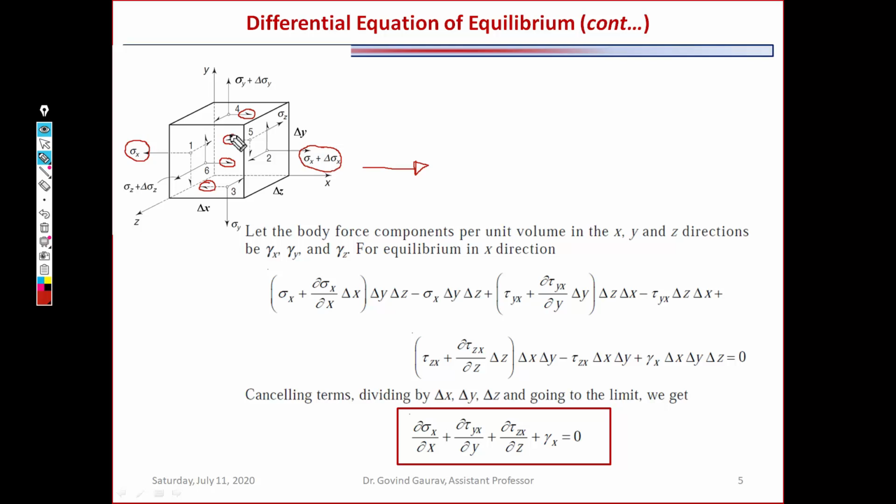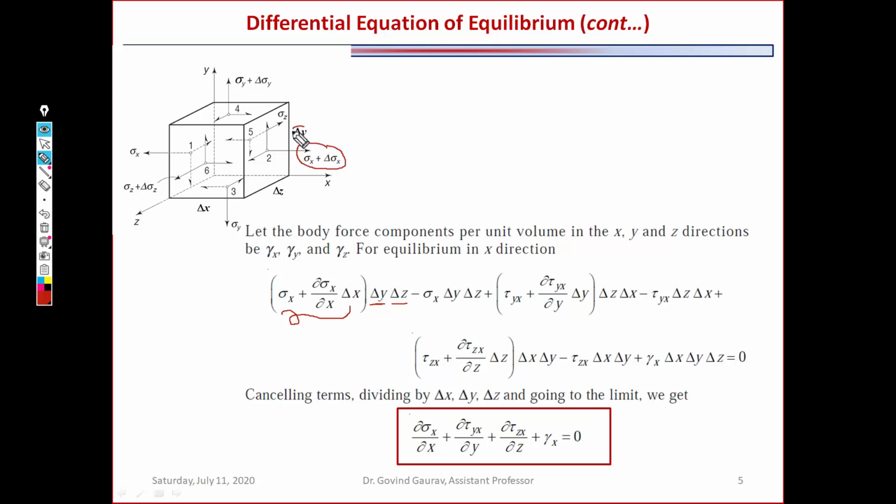If we multiply by the corresponding area, we can get the values of the forces that are acting on the different faces. So let's take the first stress, the stress that is acting in the x direction on face 2, multiplied by delta y multiplied by delta z.